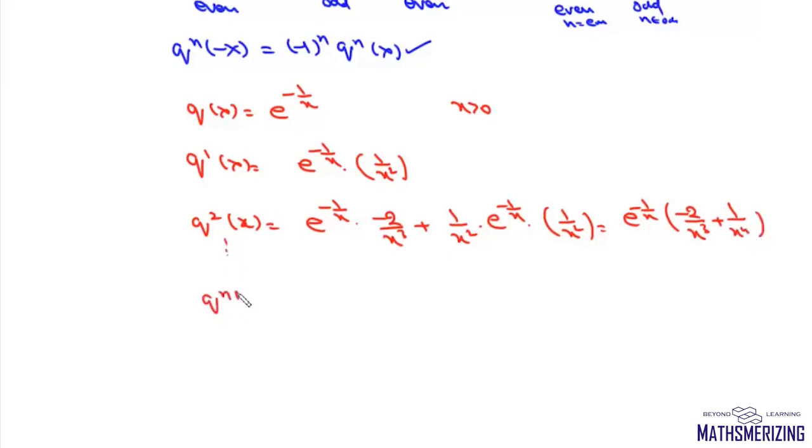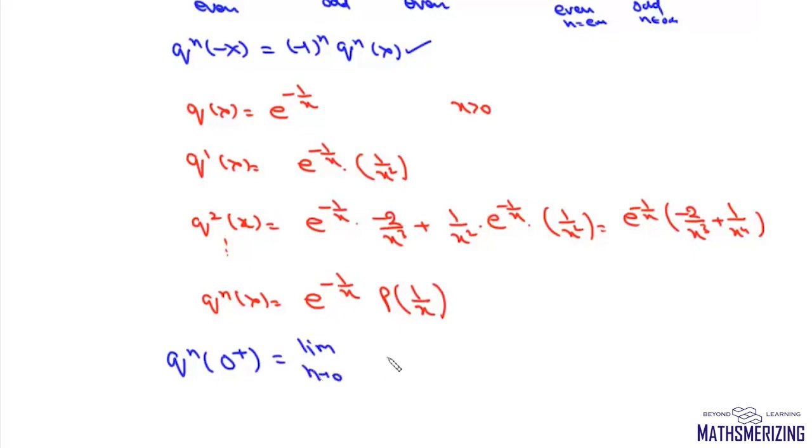Now we keep differentiating it. We can write q^(n)(x) will be of the form e to the power minus 1 by x and then some polynomial expression of 1 by x. Now if we have to find q^(n)(0) positive, it will be this limit h tends to 0 e to the power minus 1 by h p(1 by h).